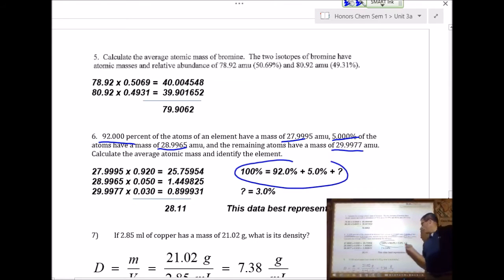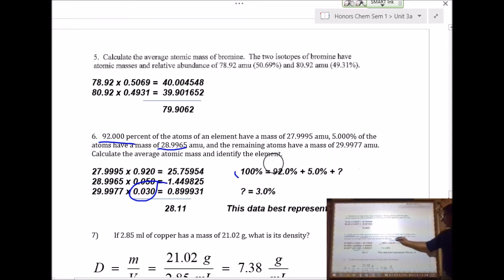Always ask yourself that you need a 100% sample, so 92 plus the 5 gives you 97, and then our missing is 3% there. And then from that, we can find out our value. So sometimes I'll only leave out one piece of information. I'm not going to rake you over the coals there. Does that one make a little more sense now?